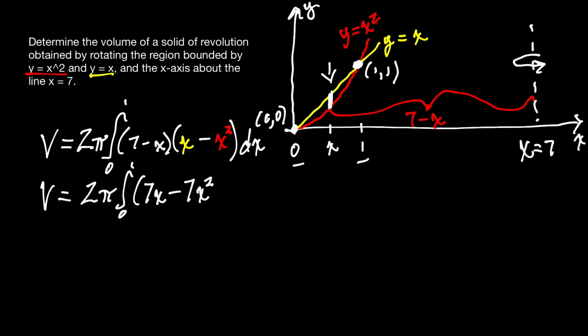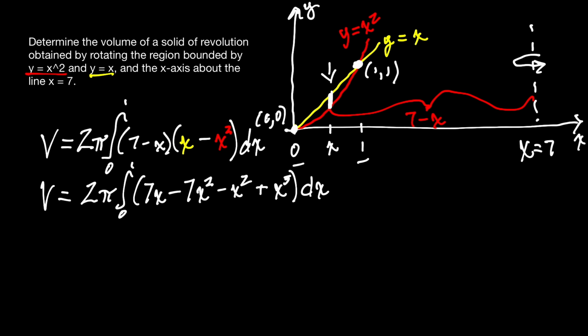Outside, 7x squared. Inside, minus x squared. And last times last, negative times negative, that's a positive x cubed. So notice everything is in terms of x, it is dx here.